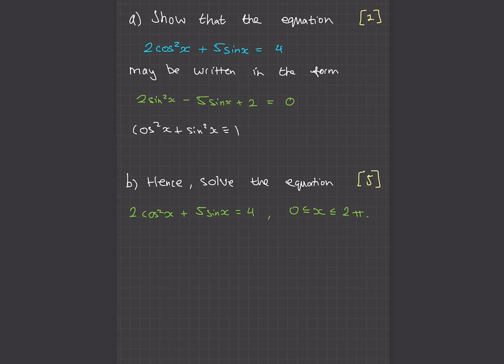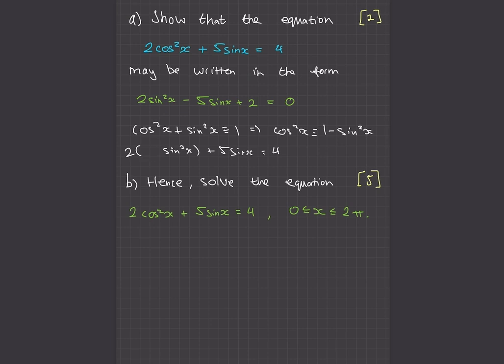Okay, so let's substitute that. That means cos squared x equals 1 minus sine squared x. So we just plug that in: 2 times 1 minus sine squared x, that's our cos squared, plus 5 sine x equals 4. Actually, I'm going to multiply everything by minus 1 just to simplify this.